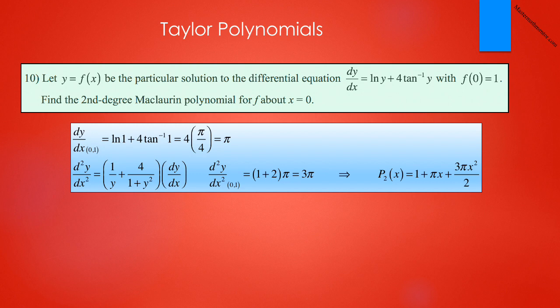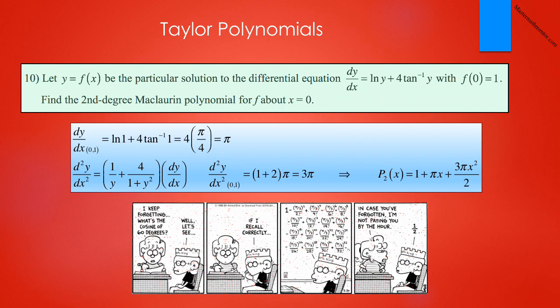So P2 of x is 1 plus pi x plus 3 pi x squared over 2. Again, this is the type of problem that shows up on the AP exam because it really tests your knowledge of how Taylor polynomials are constructed. Understand the cartoon now?